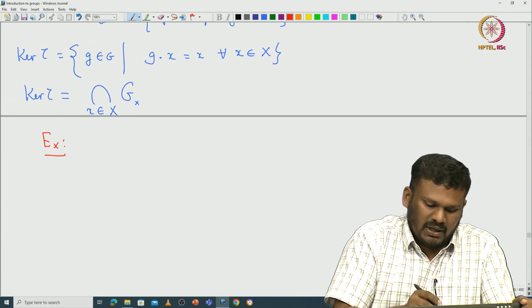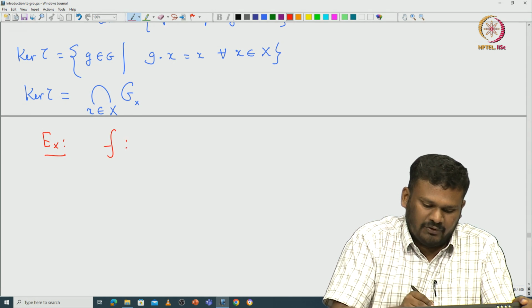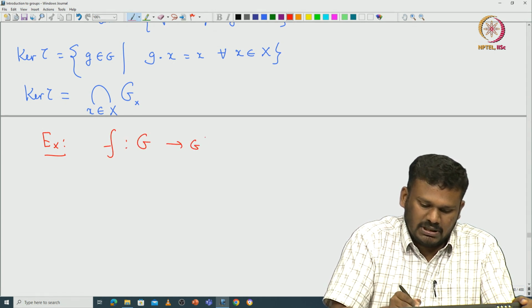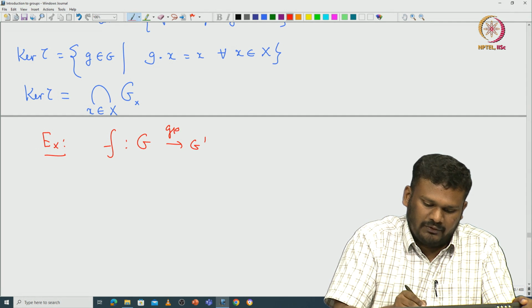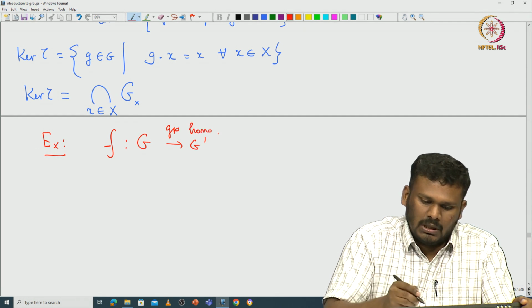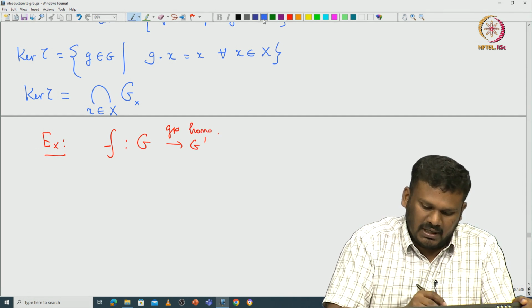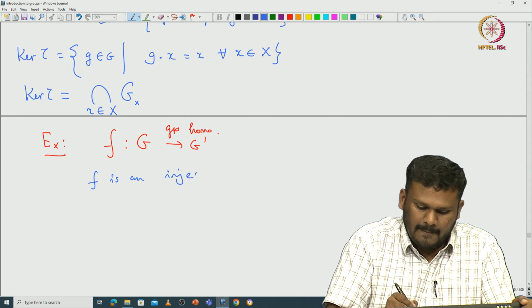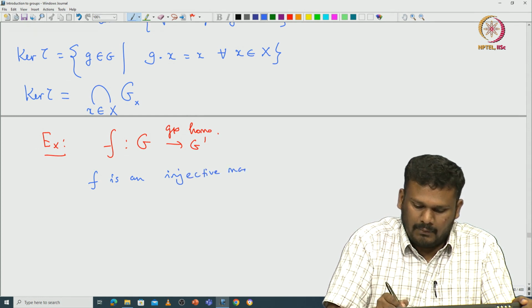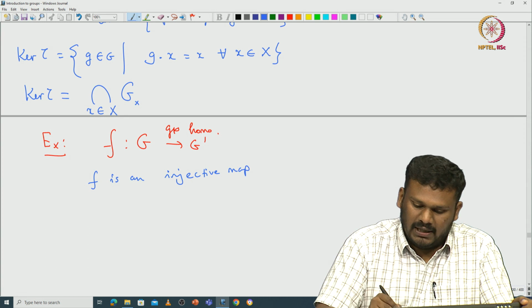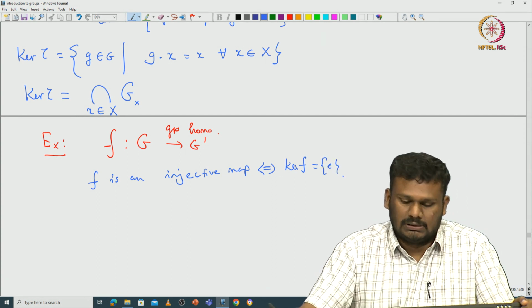If you have a group homomorphism f from G to G dash, then we have the following characterization of an injective map. f is an injective, one-to-one map if and only if the kernel of this homomorphism is trivial.